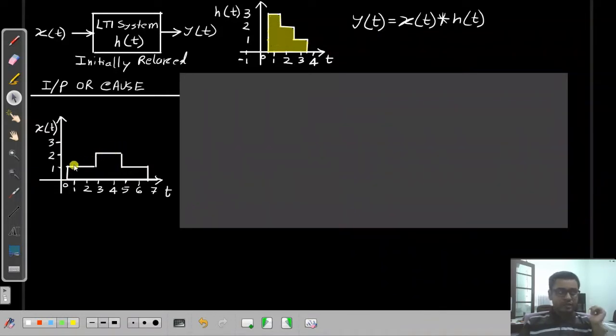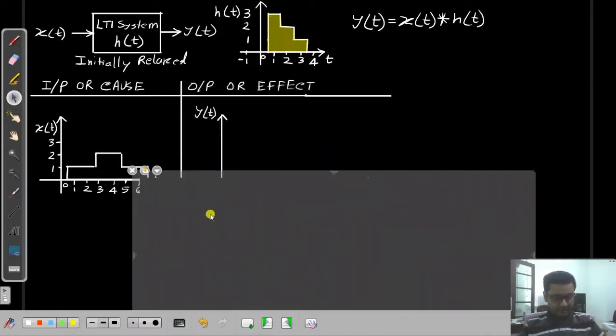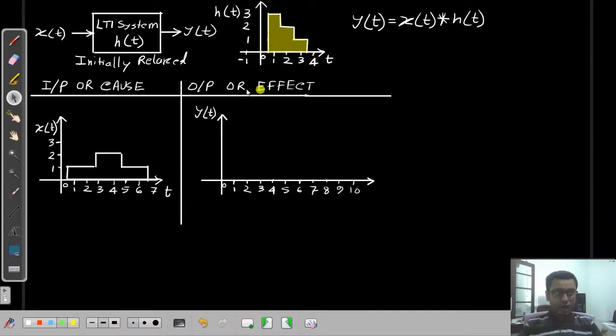This is the input applied to the system, and the output corresponding to this input is what we want. So let us calculate that.